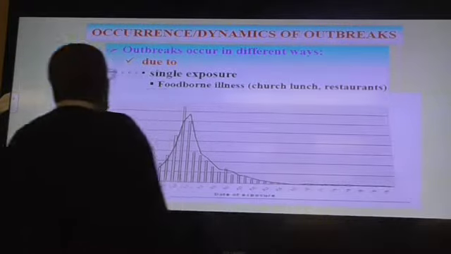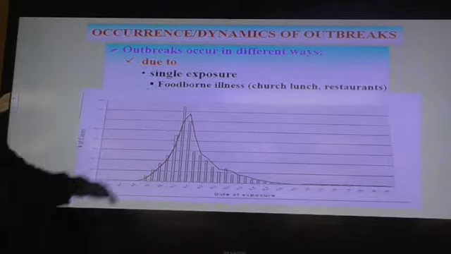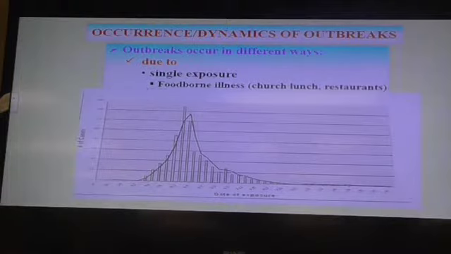So again, if you look at what outbreaks look like, they occur in different ways, although why they occur can be ascribed to one of those four factors. But each outbreak has its own dynamics. So this one, for example, is what we call single exposure or common source epidemic, or point source epidemic.